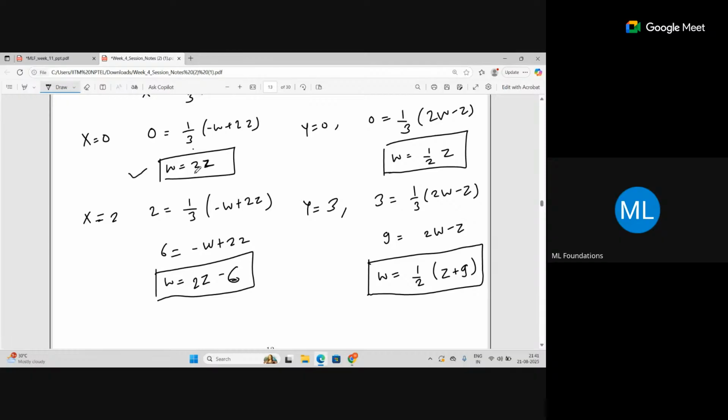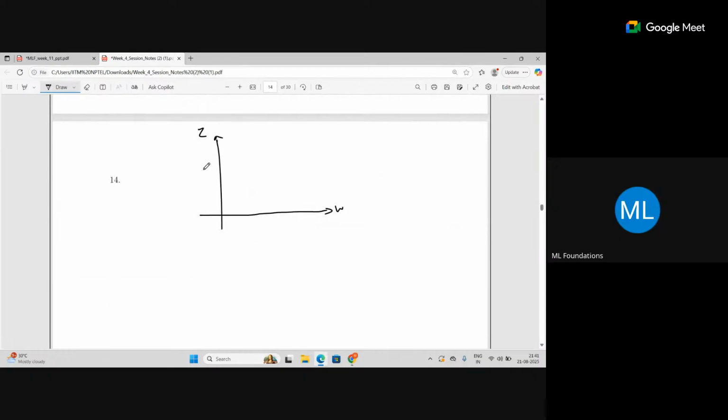Which one is w equal to 2z? It passes through the origin. This line will be w equal to z, so it will have slope equal to 1, which is 45 degrees. If I have more slope, the line will be here or here. So this A or this B, where should it be?